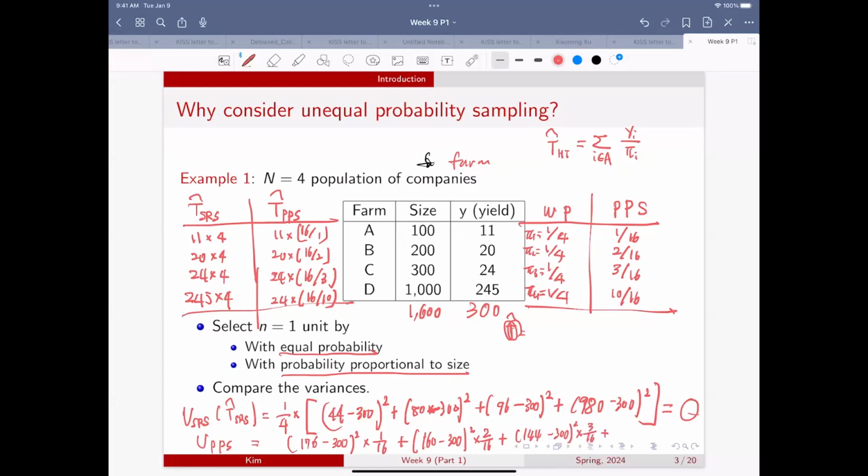I don't know whether this is really correct, but anyway. 16 times 24 equals 384.